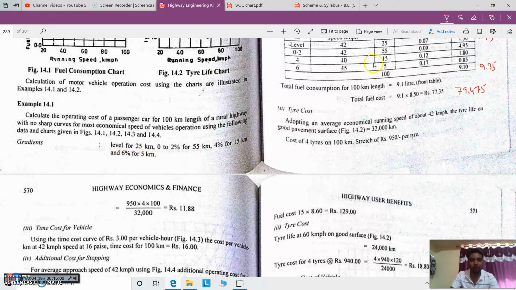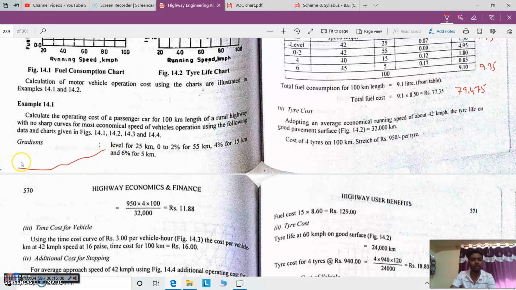So your path of travel of 100 kilometers will not be level ground. 25 kilometers are level, 55 kilometers are 0 to 2% gradient, 15 kilometers are 4% gradient, and the remaining 5 kilometers are 6% gradient.